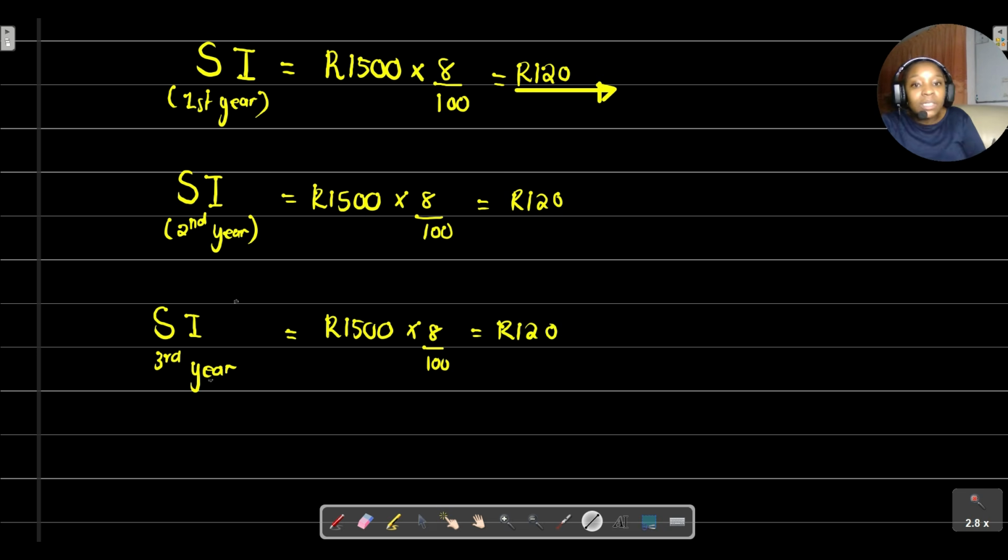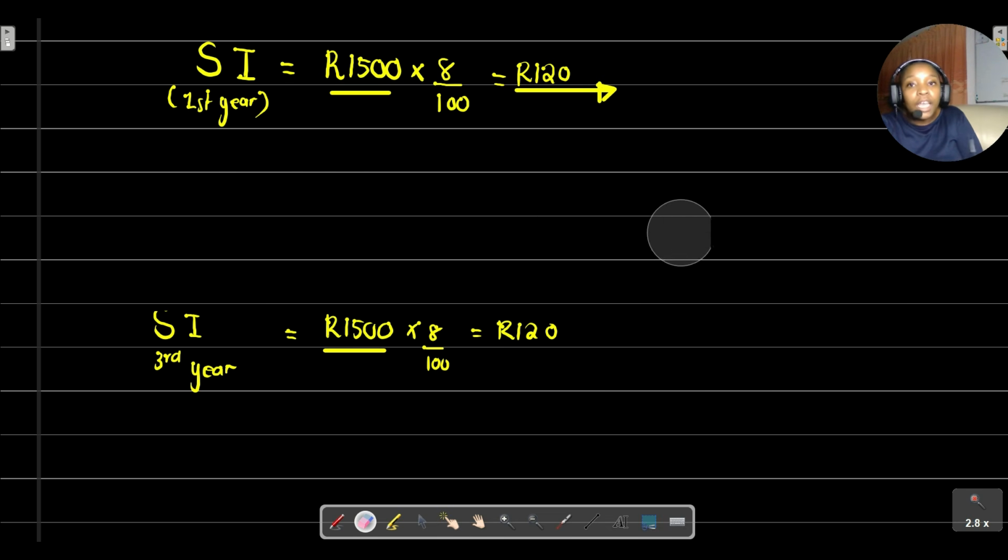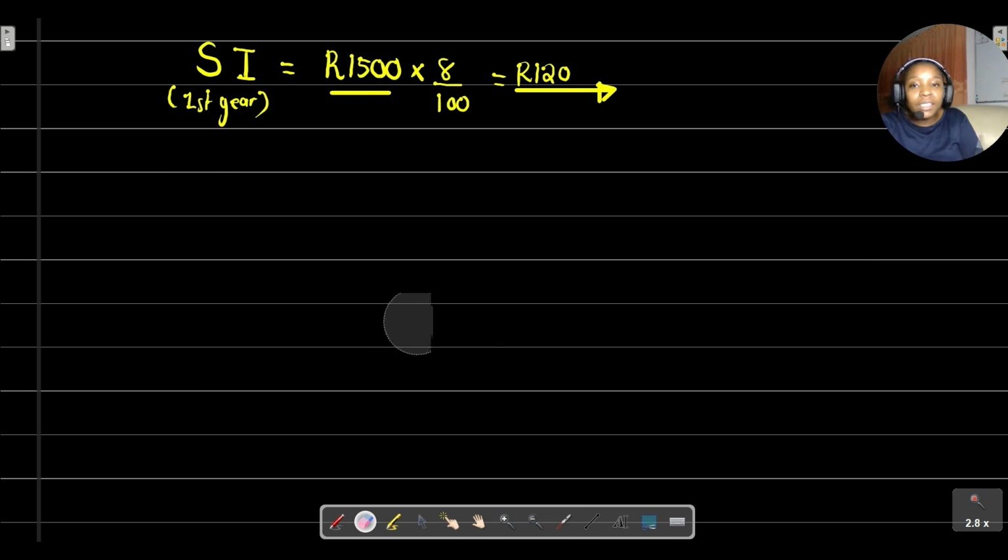We are noticing that when we're calculating simple interest, we will always just use the initial amount that we've invested. So instead of going through all these 3 steps to calculate the interest that we will earn in these different years, we can simply do this to calculate the simple interest that will be earned if you invest 1,500 for 3 years.